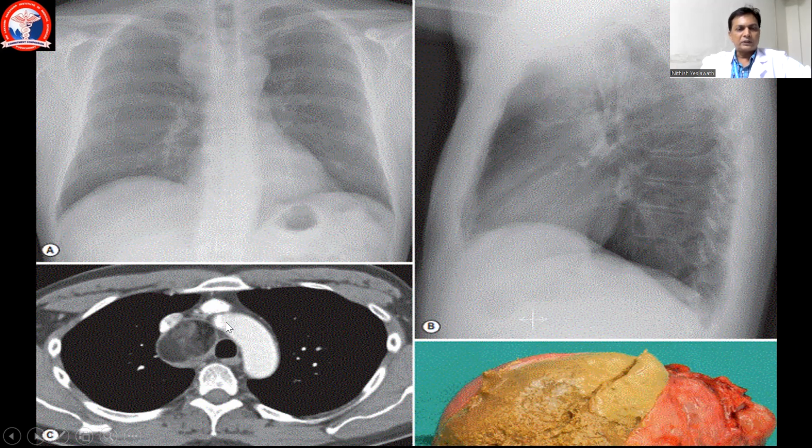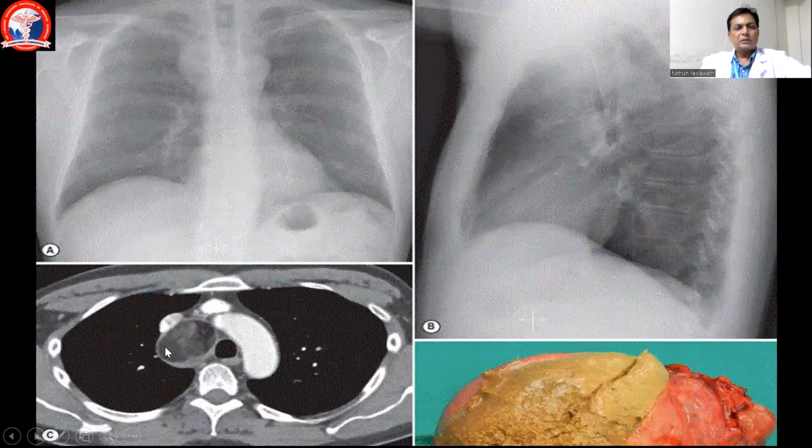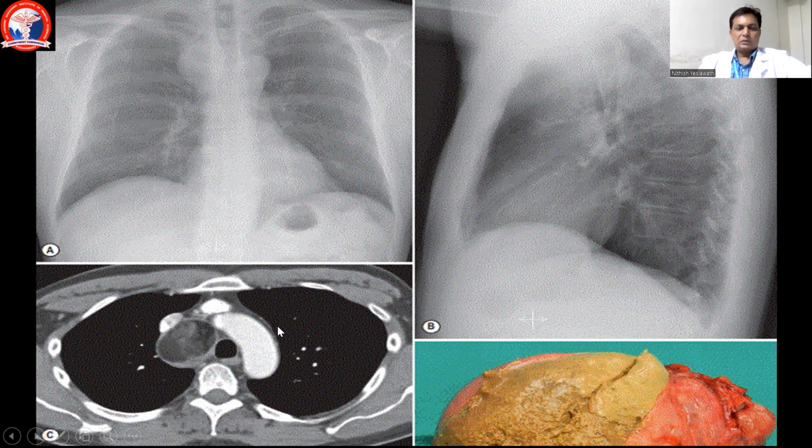On contrast enhanced CT scan, we see a complex lesion mainly containing fat. Internally, there are some soft tissue areas. And the specimen shows sebaceous content, which goes in favor of thymic teratoma.